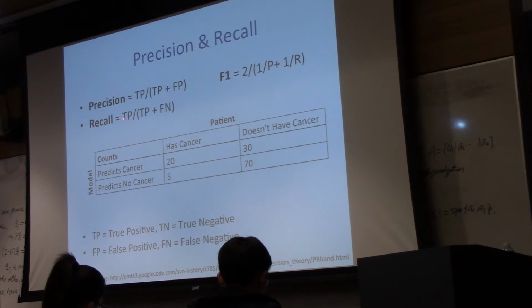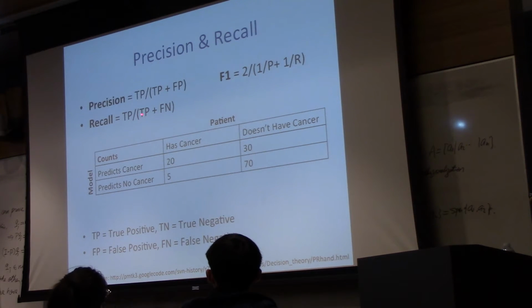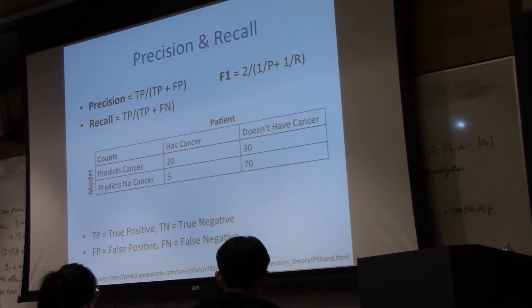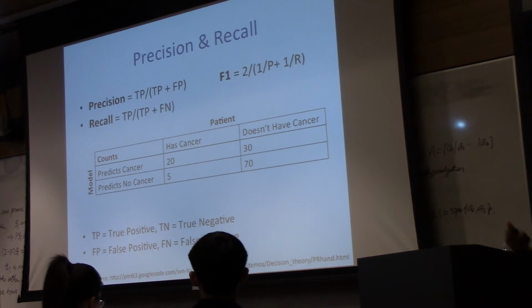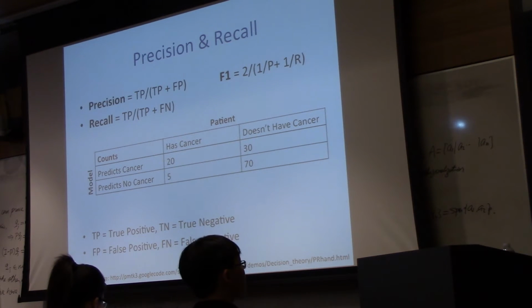Recall is the true positives, this guy, divided by the number of true positives plus the number of false negatives. So it's this guy divided by the sum over this column. It's saying, of the patients that actually do have cancer, how many did our model predict as having cancer?